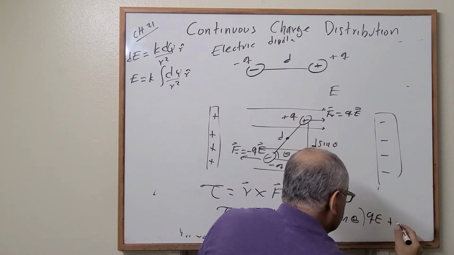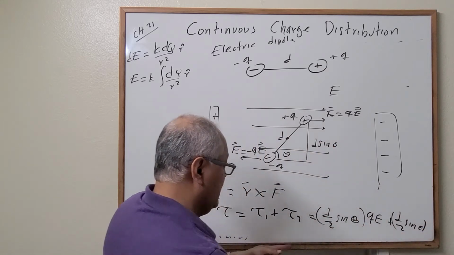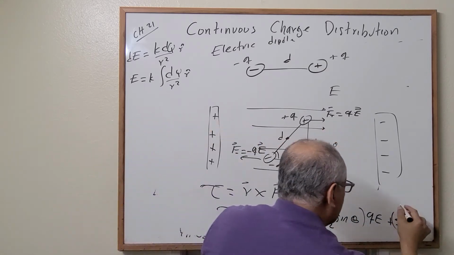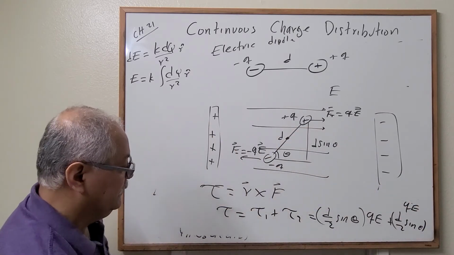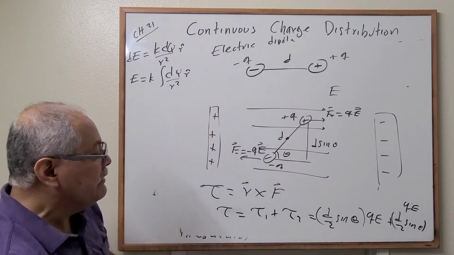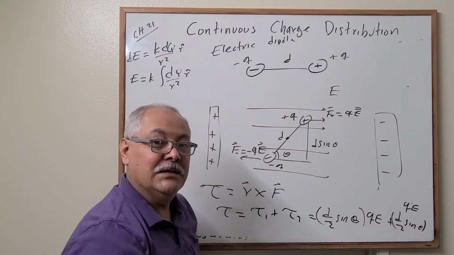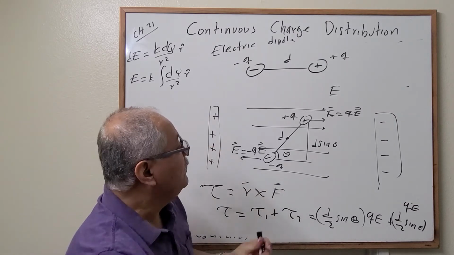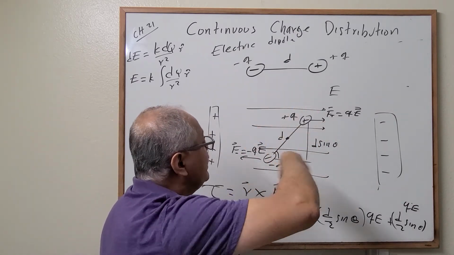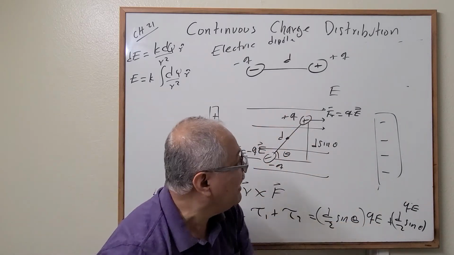So this equals d divided by 2 times sine theta, times the same force, which is Q times the electric field. This is the magnitude. The direction is going to be clockwise. Remember, when dealing with torque, we can use the convention clockwise or counterclockwise. Perfect. This is clockwise. The direction, this is going to be the magnitude.